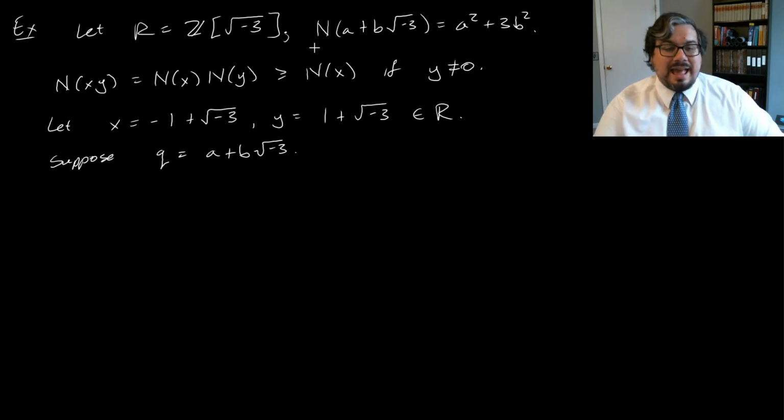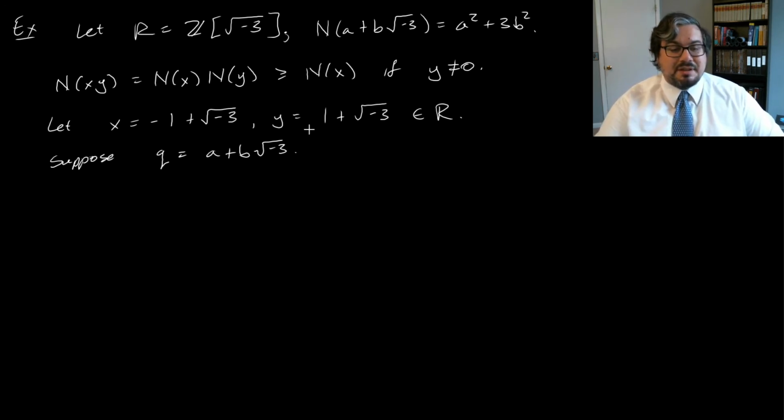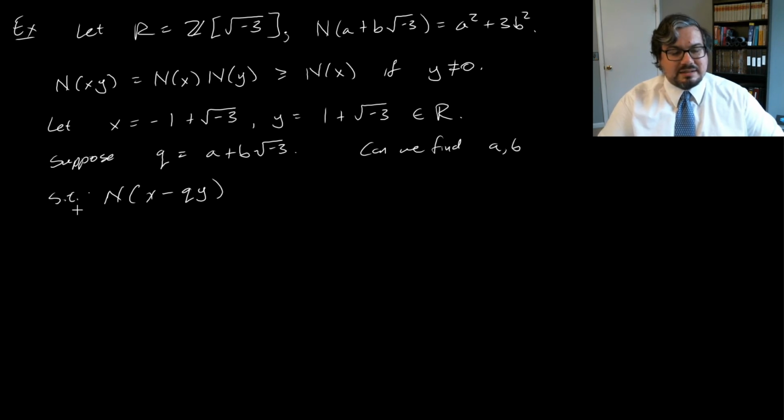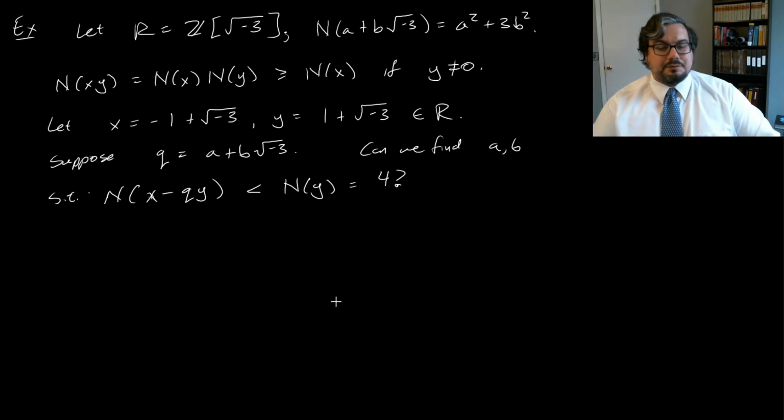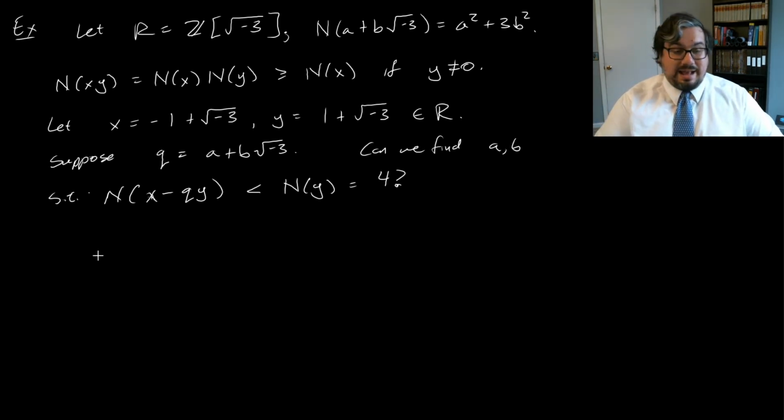Now, if this n were a Euclidean measure, then there would have to be some a and b such that the measure of x minus qy was less than the norm of y. So the question is, can we find a and b such that the norm of x minus qy is less than the norm of y, which is 4? Let's see that we can't.